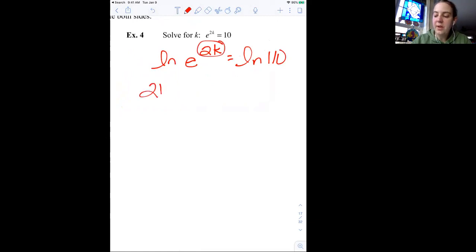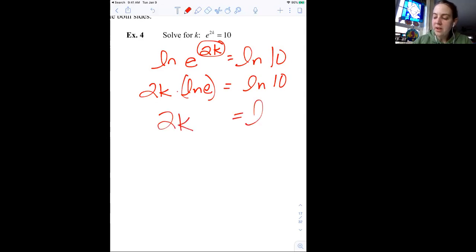So 2k natural log of e is equal to natural log of 10. Natural log of e, if you look at the rules up above, is really 1. So 2k is equal to natural log of 10.